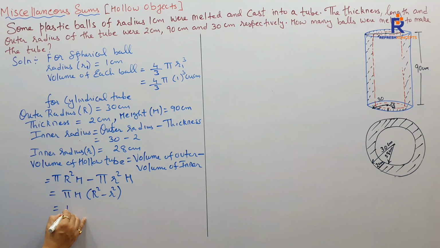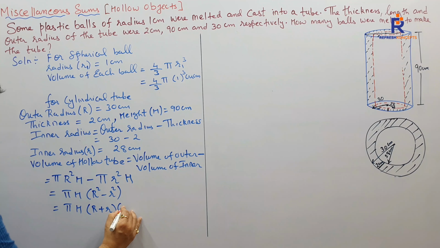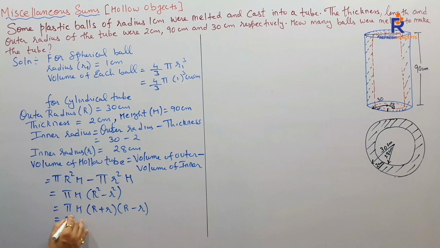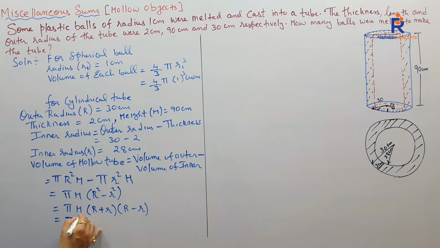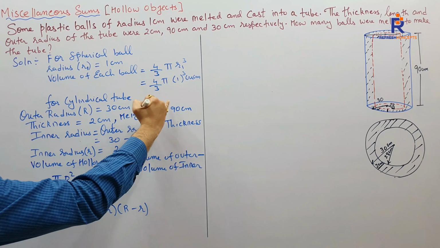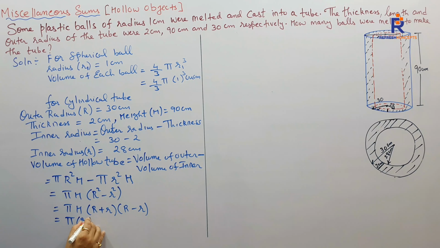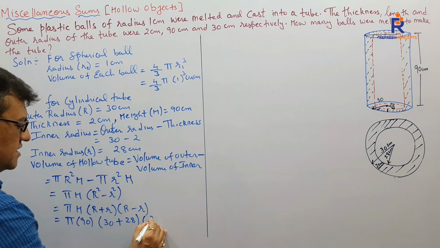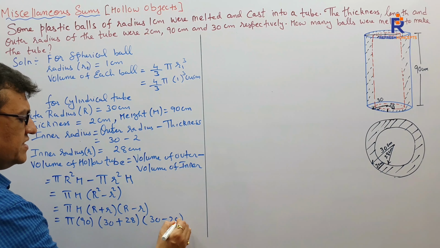If I open this, pi h, a square minus b square, the answer is going to be a plus b, a minus b. Let's just write down the values. Pi, h is 90, outer R 30 plus inner r 28, R 30 minus inner r 28.